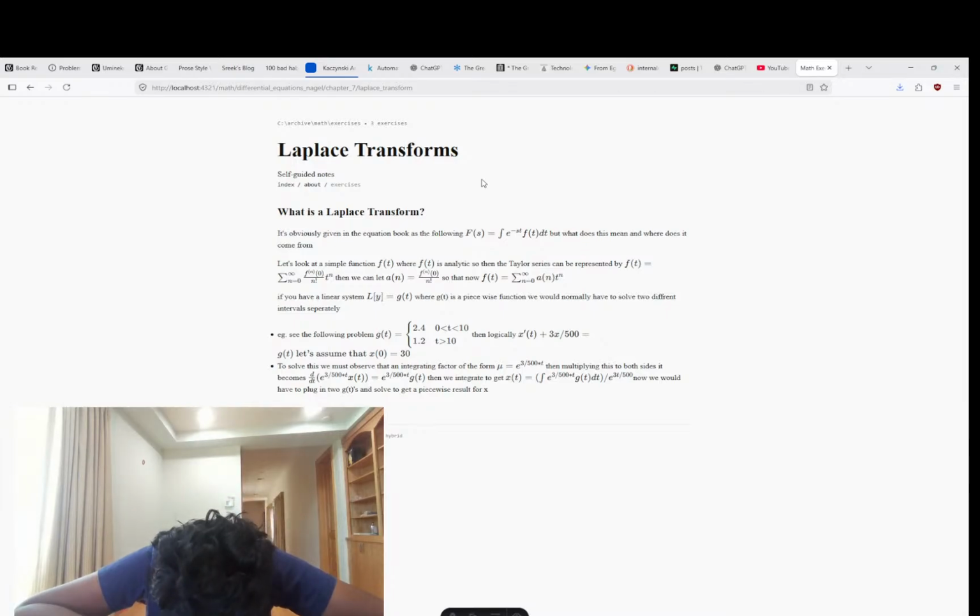In the Laplace form, s becomes the variable, and t becomes the index.